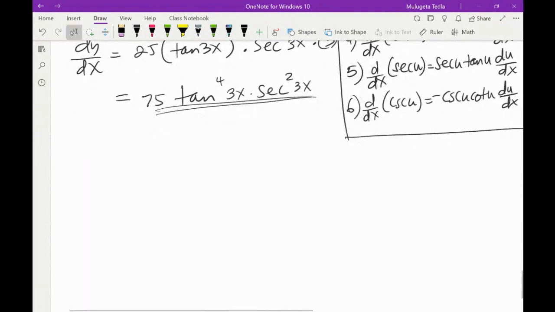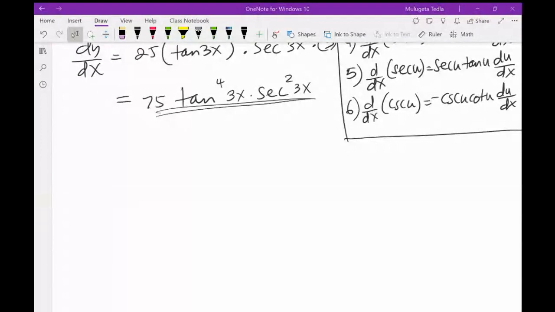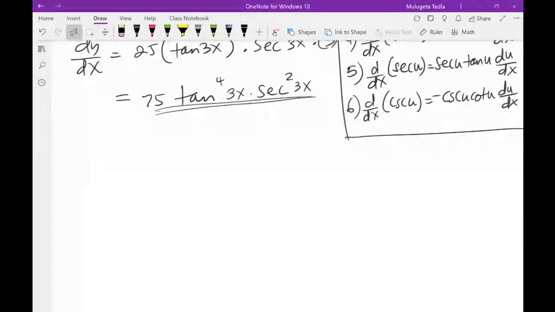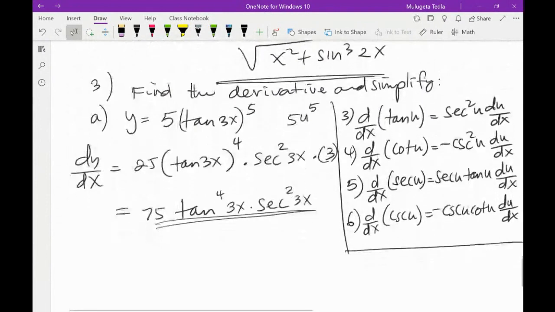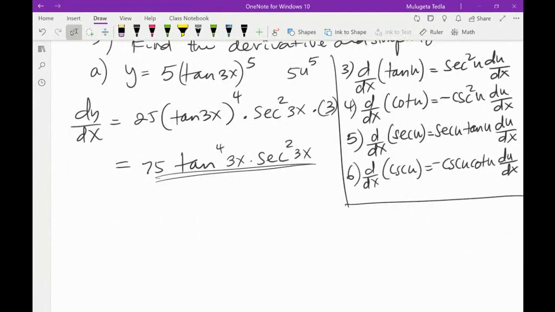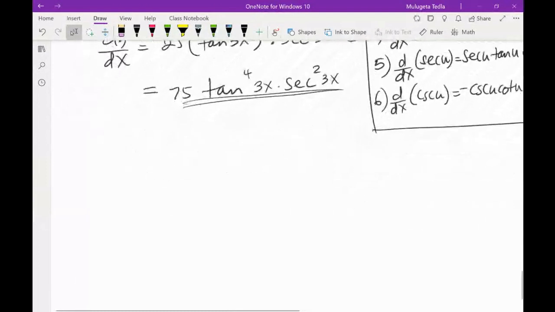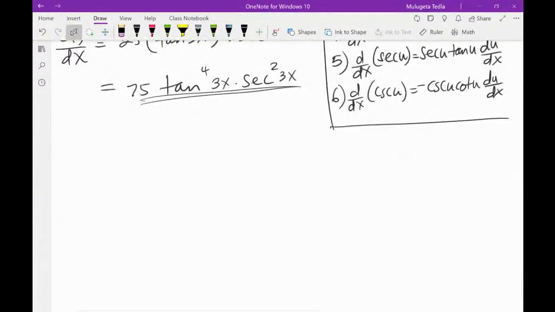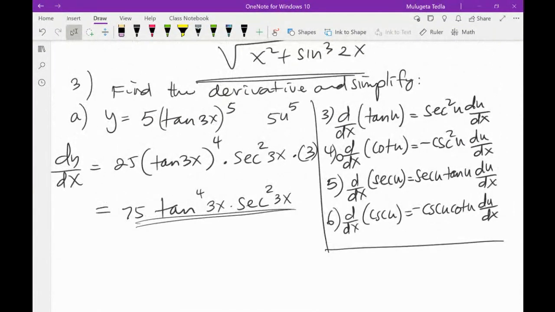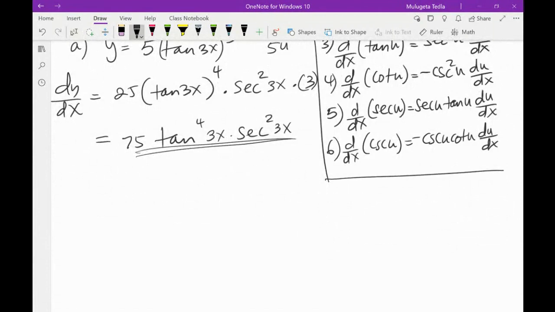Hopefully everything is okay. The B part. Do we have to reduce to the primary functions, like not leaving the secondary function as is? No, not in derivatives. We can leave them the way they are. We changed the tan into sine x over cos x, or 1 over cos x.